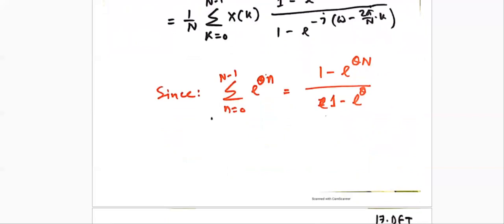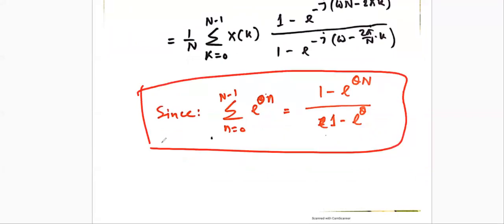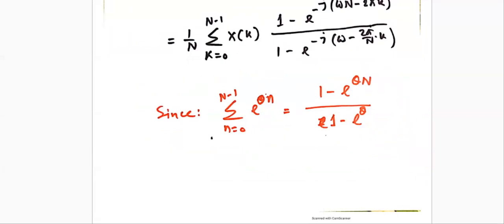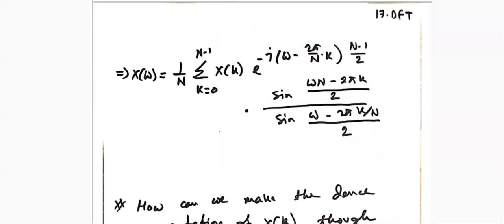That's for sure. Probably you need this formula again. So this is from the Euler's series calculation, and this is the final calculation. Put the value of X[k] for different values of omega from 0 to pi. You can find the value of X(omega).